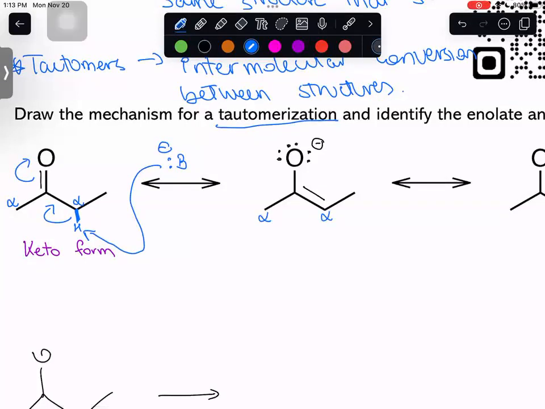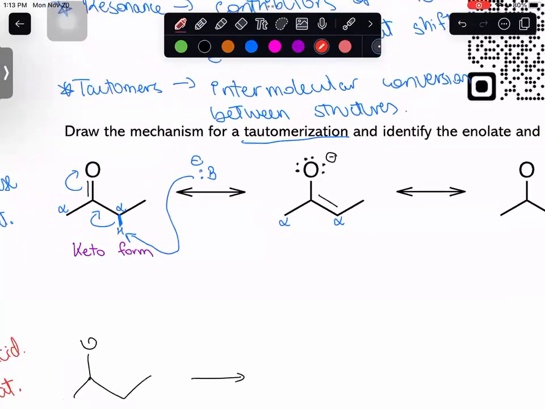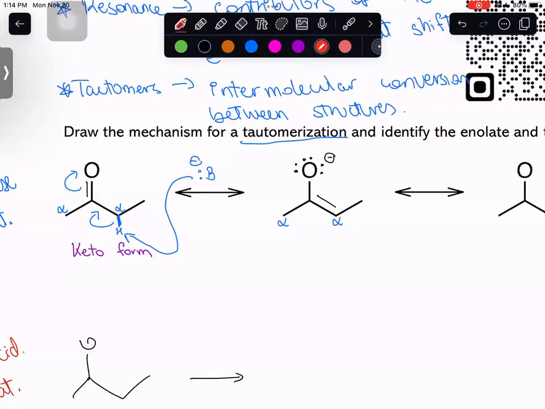And those are still my alpha positions. Now, once we have the deprotonated version of the molecule in the alpha positions, this guy is going to be called your enolate form.